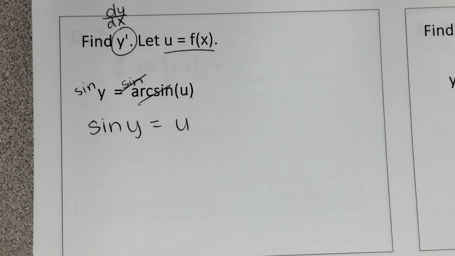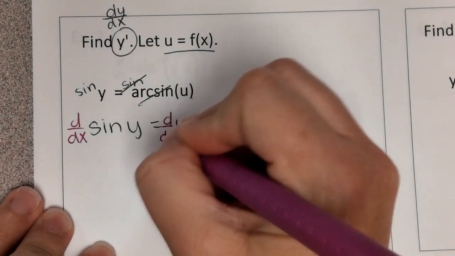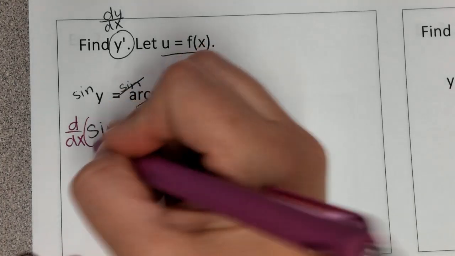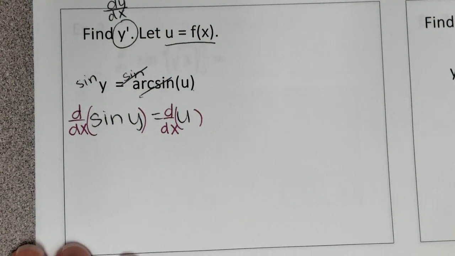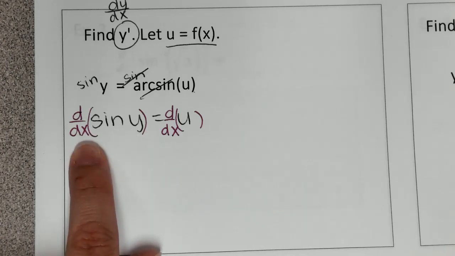All right. We're going to take the derivative of both sides with respect to x. And this is the part that's going to use implicit. So here, the derivative of the sine of y with respect to x, use your chain rule.